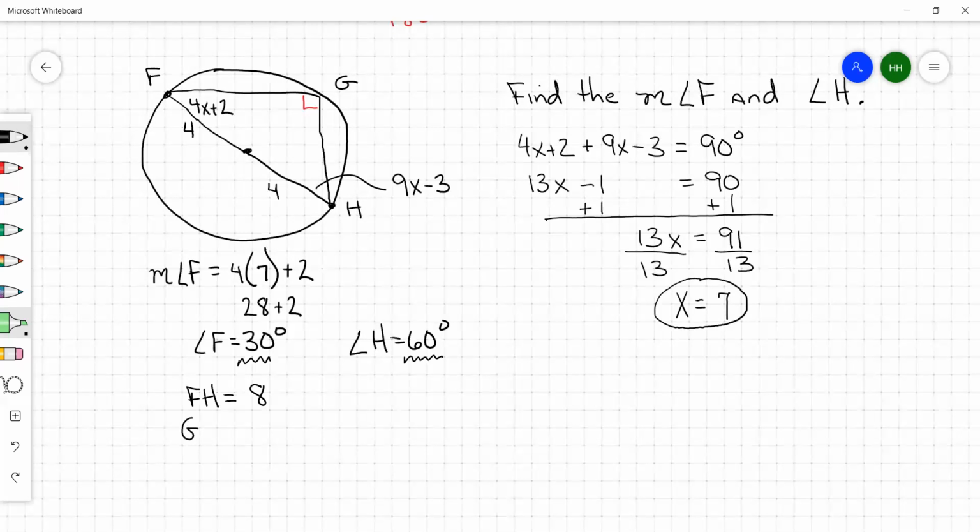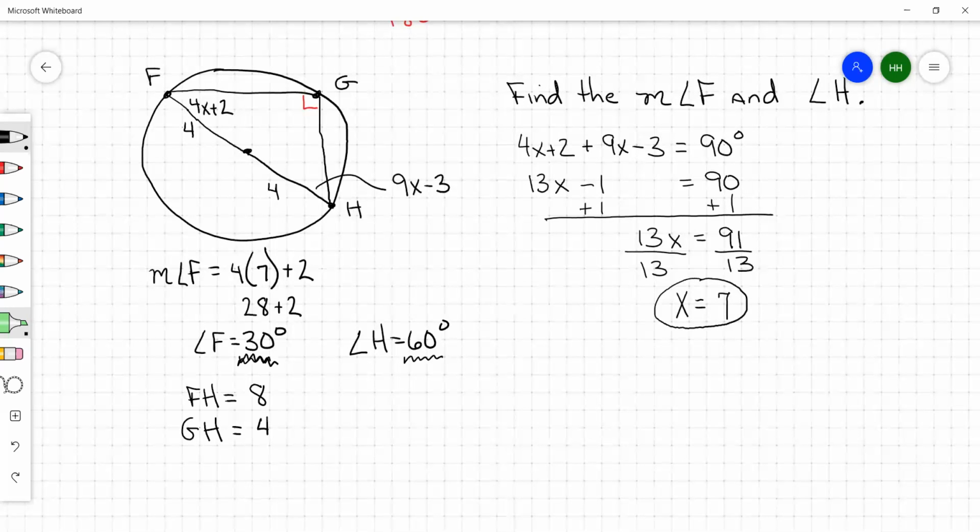G to H. Is G to H the short leg or the long leg of this 30, 60, 90? It's the short, right? Because if angle F is 30 degrees, then isn't F opposite the short leg because it's the smaller angle? What's the relationship between the hypotenuse and the short leg of a 30, 60, 90? Attaboy, divided by 2.